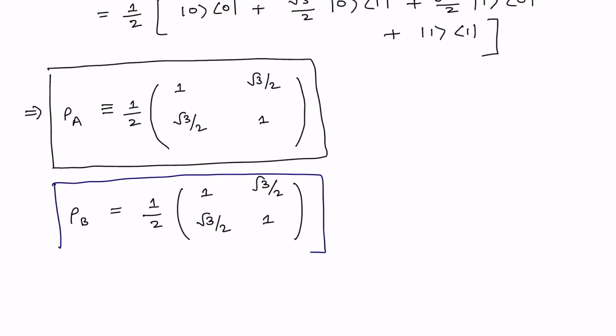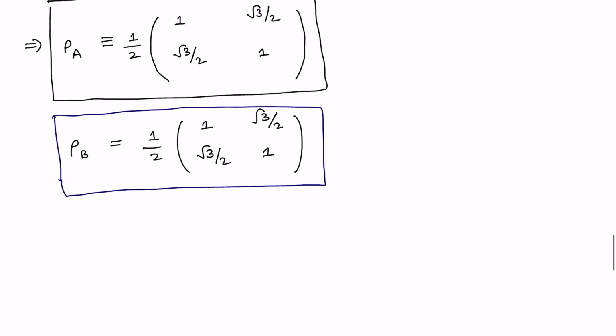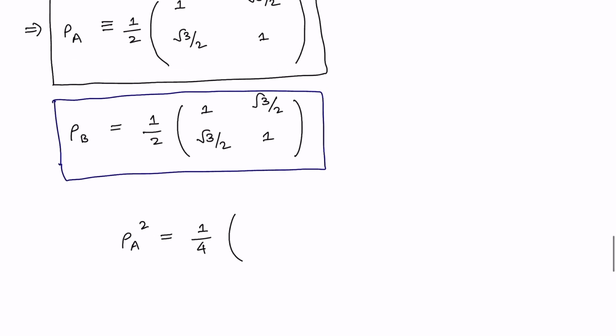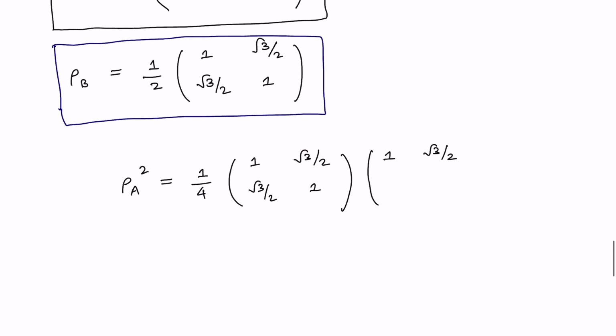Okay, the next part of the question was to decide whether these subsystems are entangled or not. To do that, the procedure is to calculate rho A square. If you calculate rho A square, you will get 1 by 4, and you just have to make the matrix multiplication of [1, root 3 by 2; root 3 by 2, 1] with itself.